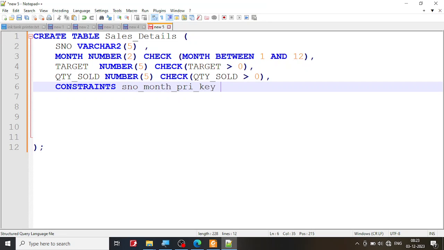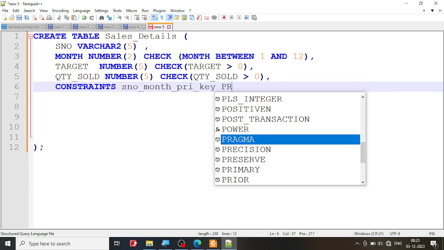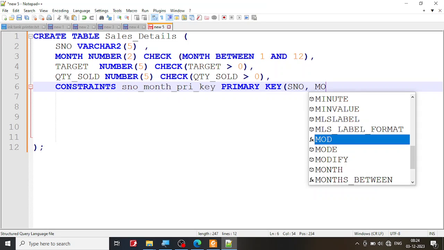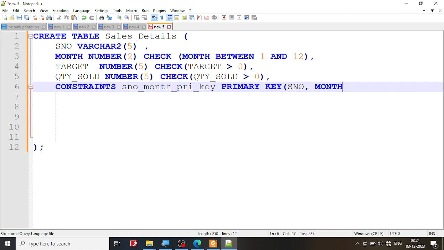Okay, so this is what he wanted to specify. I'm going to say this is the primary key, consisting of serial number, the first one, and the month, the second one. So these are the two things.